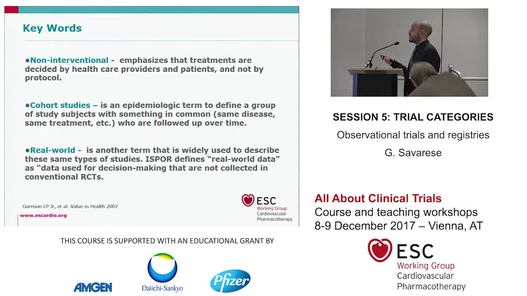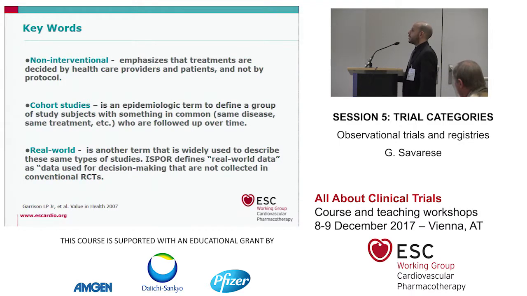So the keywords for this type of studies are like cohort studies. They are not interventional. This emphasizes that treatments are decided by healthcare providers and patients, and not by protocol. Cohort studies is an epidemiological term to define a group of subjects with something in common who are followed up over time.